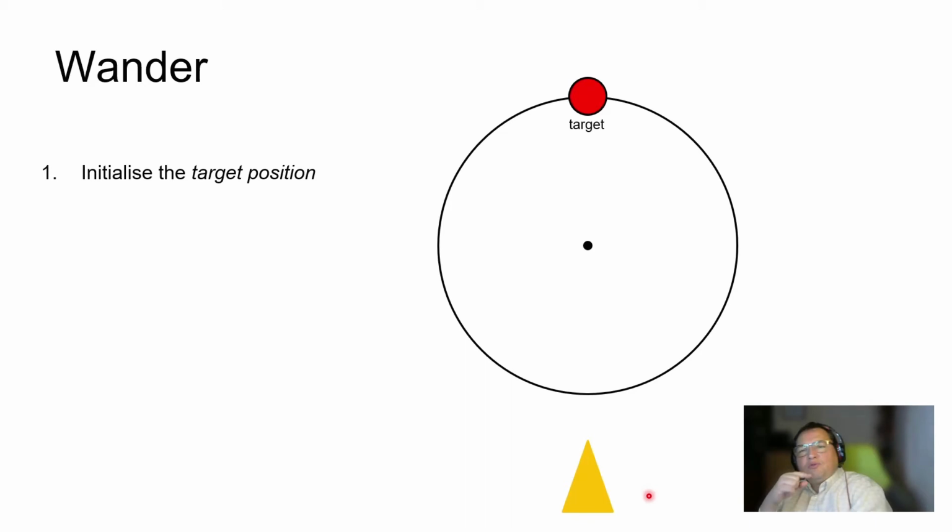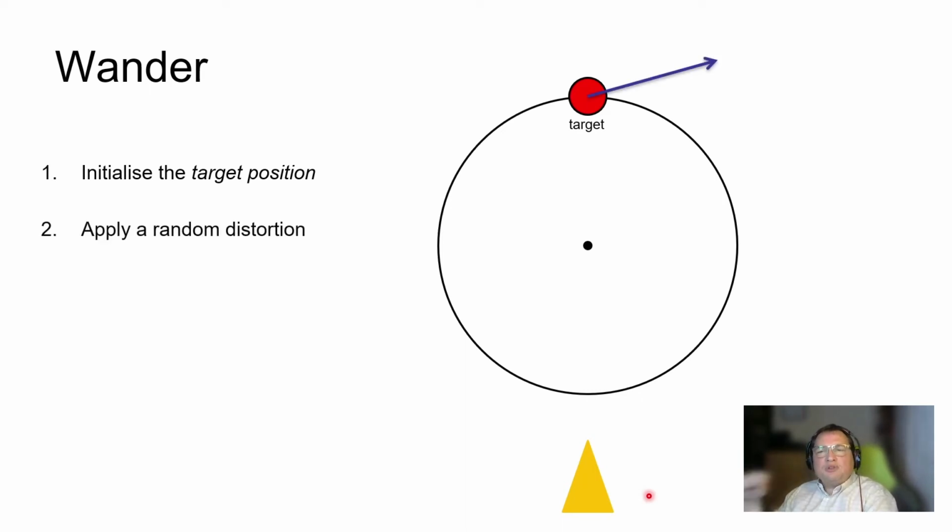Now, the second step and the first actual step after the initialization is to apply a random distortion. We will apply it by creating a vector of a constant magnitude, or length, but in a random direction. So the target simply moves in a random direction, like this.